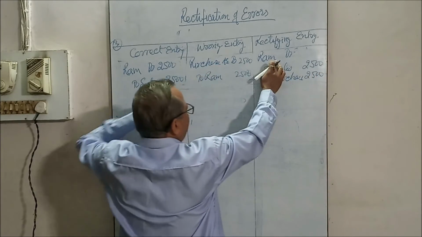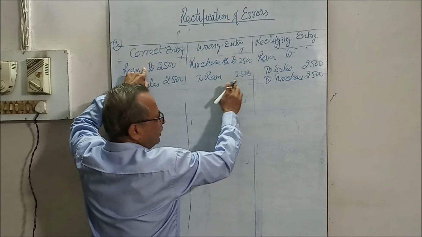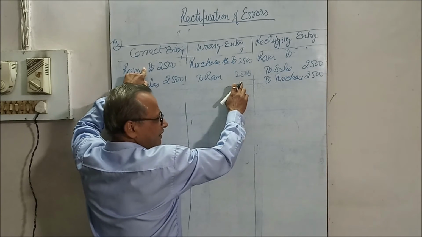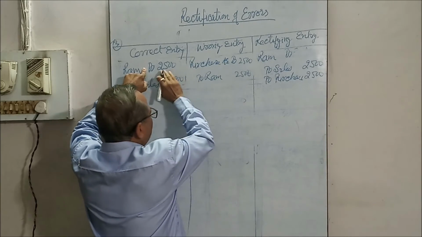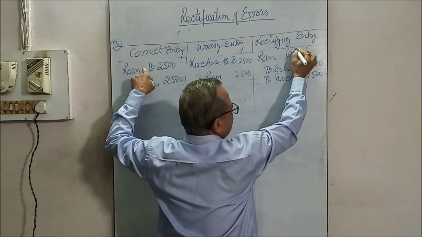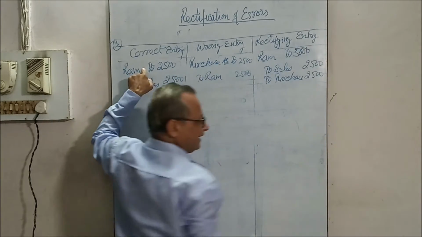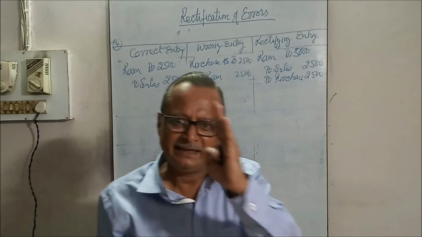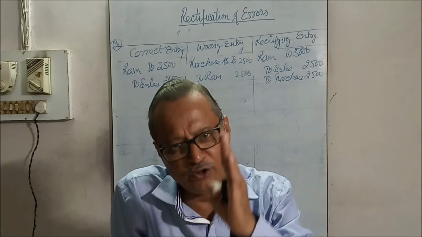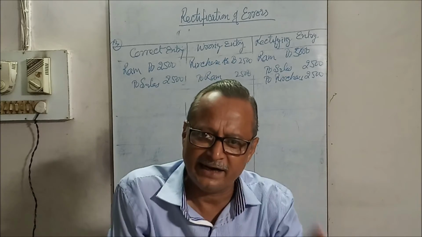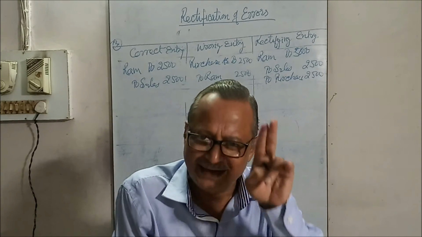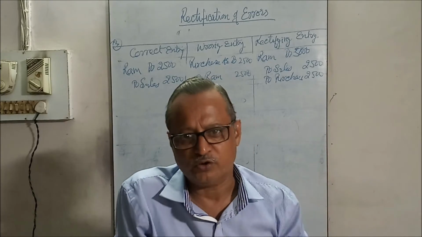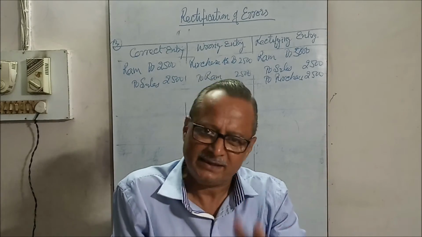But the effect on Ram's account: Ram should be debited, but wrongly was credited in the journal. So the debit plus credit amount should be added. This is 5,000. In a clerical mistake, the amount which should be written on the debit side is wrongly written on the credit side. Both amounts affect that account, so that should be 5,000, debit plus credit amount.